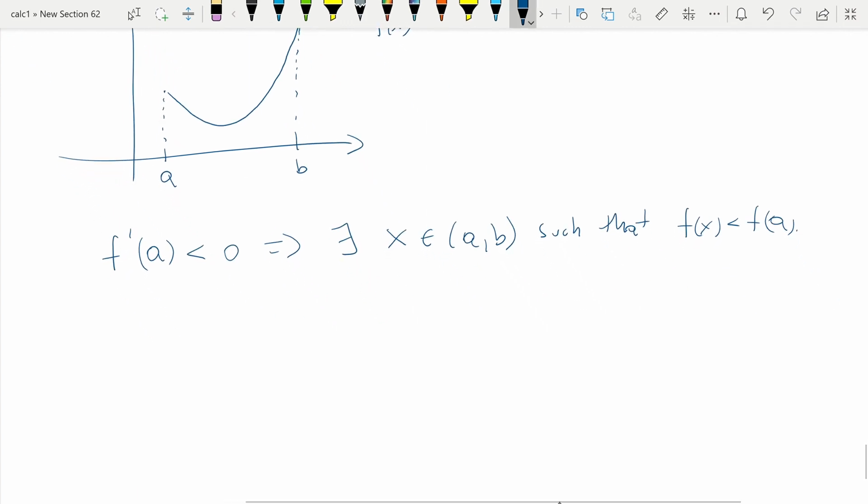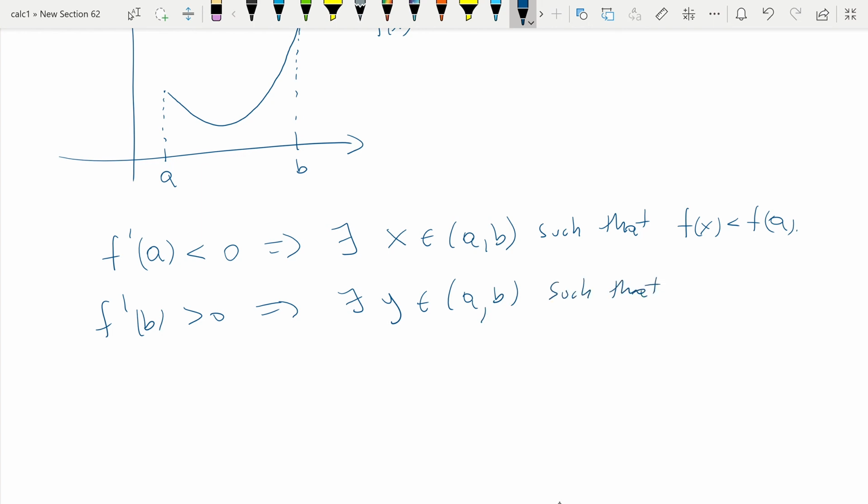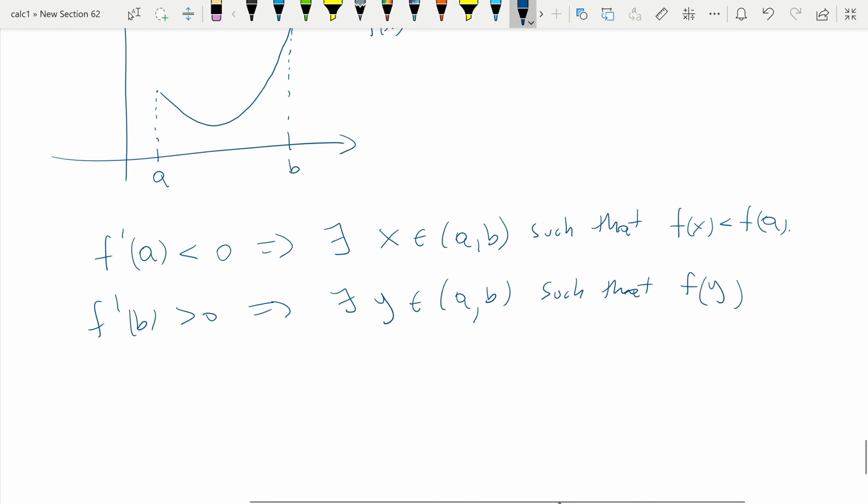Similarly, f prime of b being greater than 0 implies that there exists a number y in between a and b such that f of y is smaller than f of b.